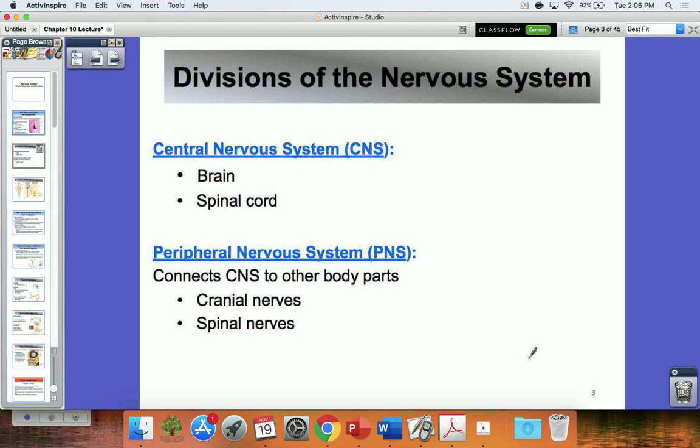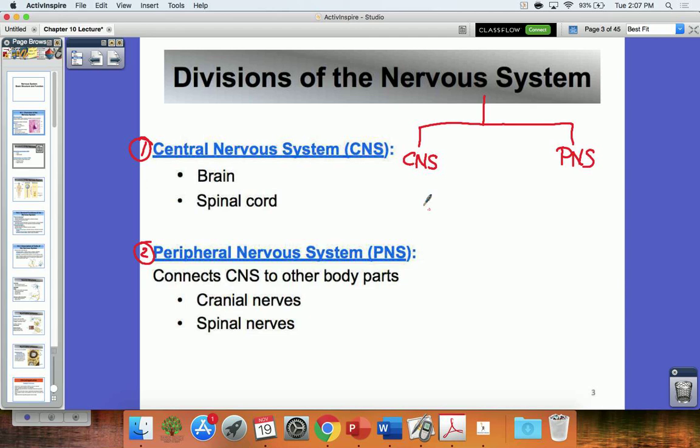Also, we can divide the nervous system into two divisions, and the two divisions are the central nervous system and the peripheral nervous system. If you were to take the nervous system and make a flow chart of it, you'll have one that's the CNS and the other that's the PNS.